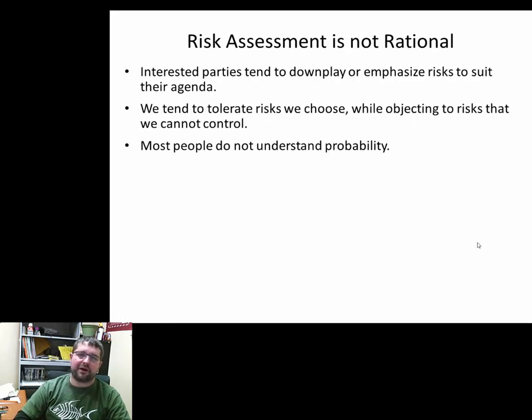But risk assessments are not really rational. They downplay risks to suit their agenda. Interested parties, let's say companies that really want people to work for them, will downplay the risk of exposure. How many people who mine for a living know that black lung is a legitimate concern, but their boss will downplay it, no matter what, how many people are affected by it.